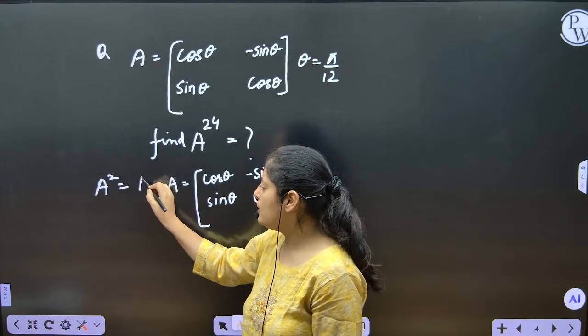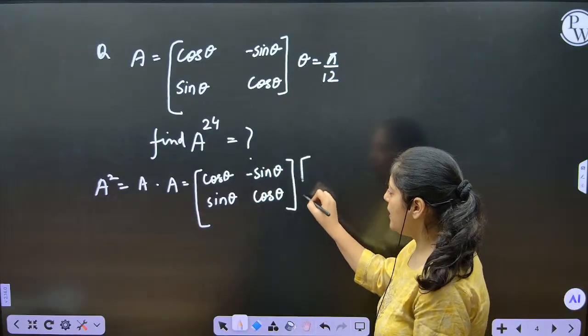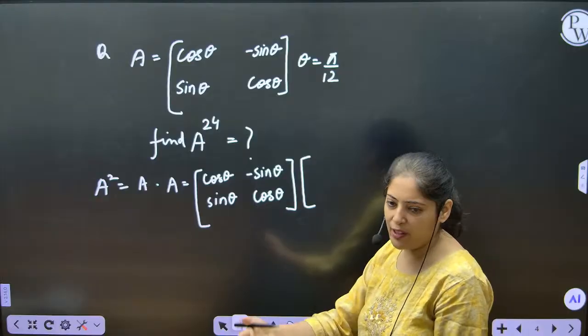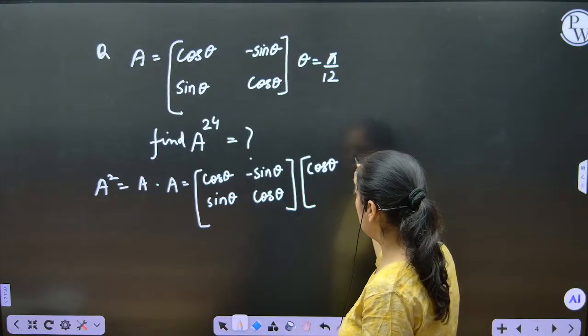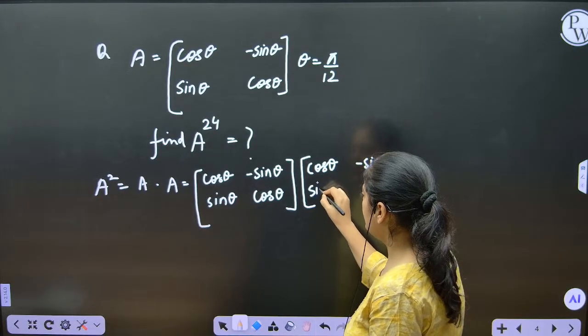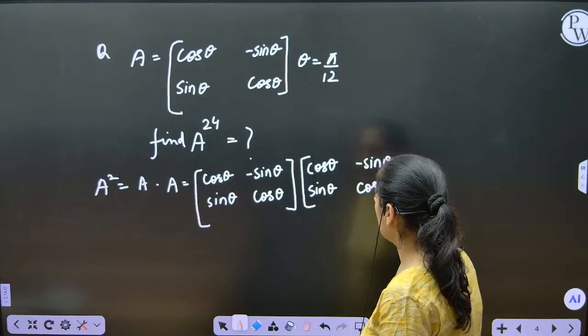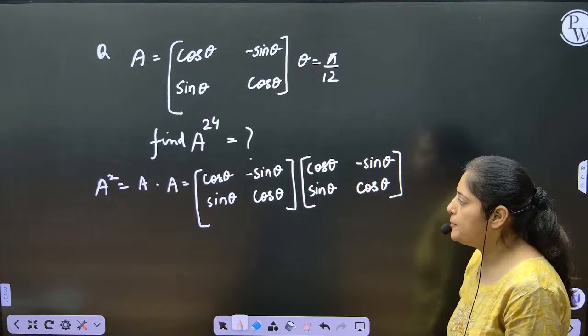A square is nothing but A into A. First always start with A square only, because after A you will find A square. Cos theta minus sin theta, sin theta cos theta. Try to do this multiplication side by side.